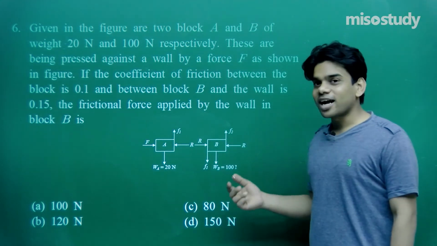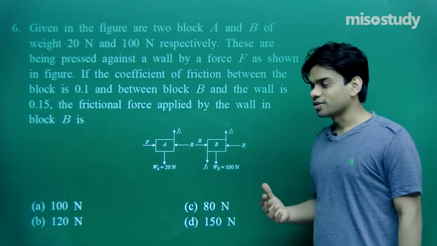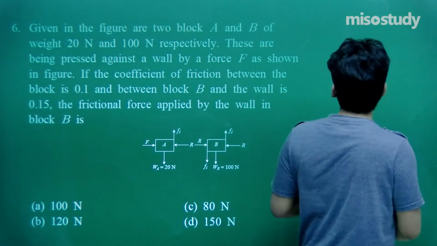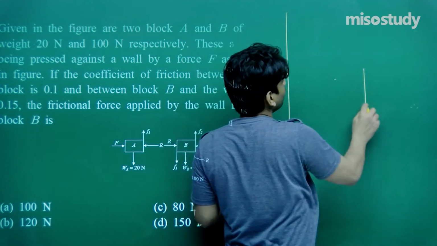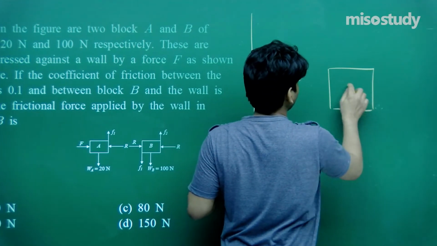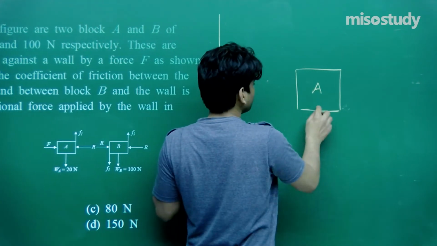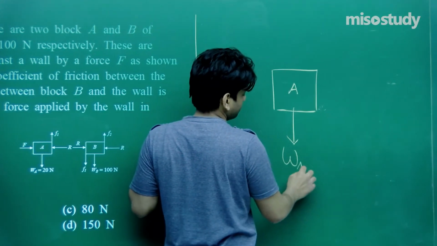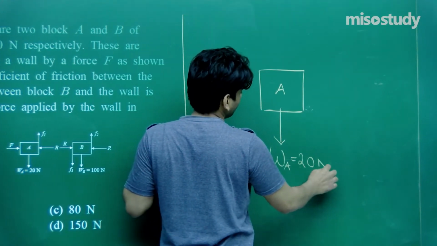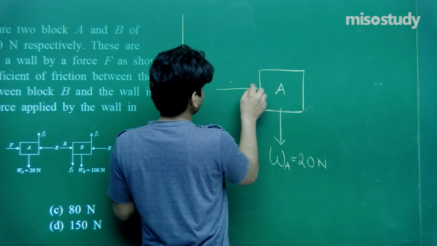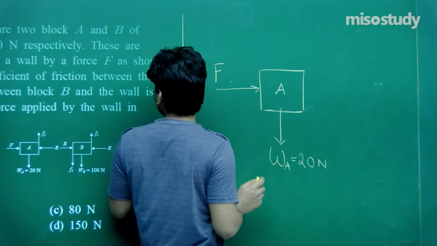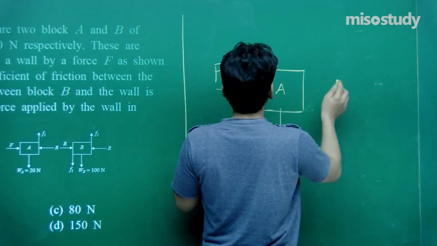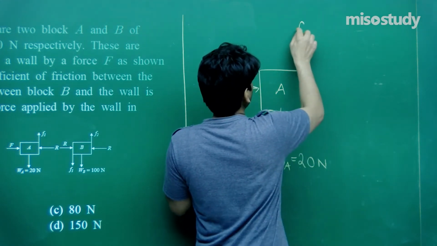Now let's try to understand what this figure is showing us. I will draw the figure for you. We have two blocks. Block A, its weight is given as 20 Newton, acting downward. Now there is a force F acting, and a normal reaction R, with friction F1 acting on this block.